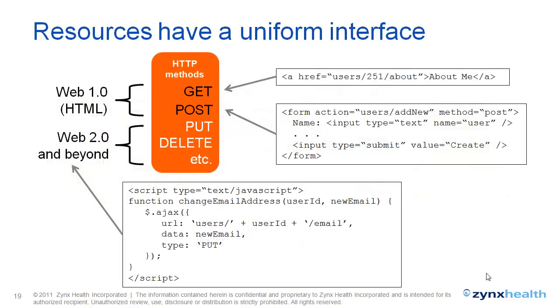Only the GET and POST methods are directly supported by the browser through HTML, like anchor tags, hyperlinks, allowing you to invoke a GET from your HTML content when the user clicks on the hyperlink.